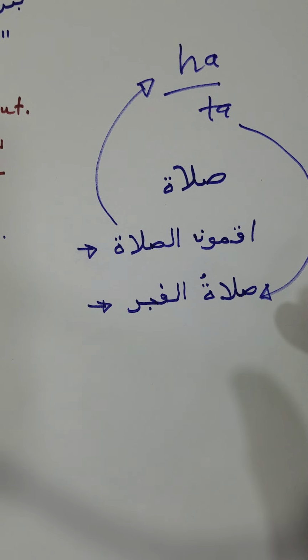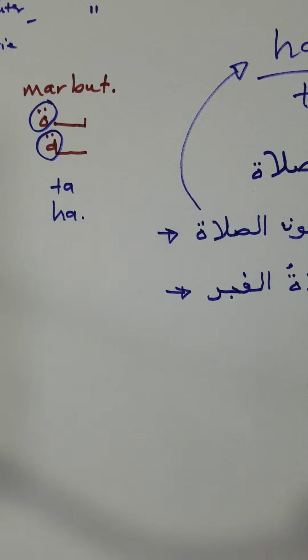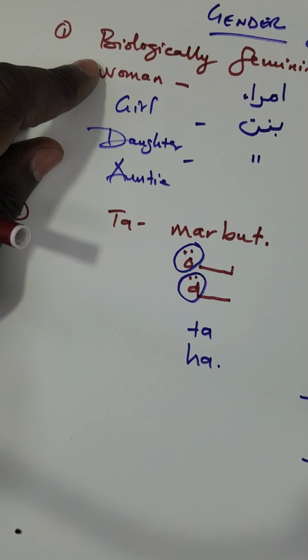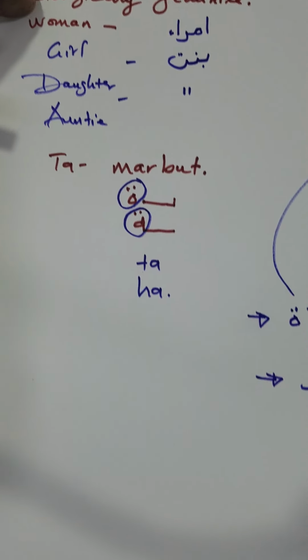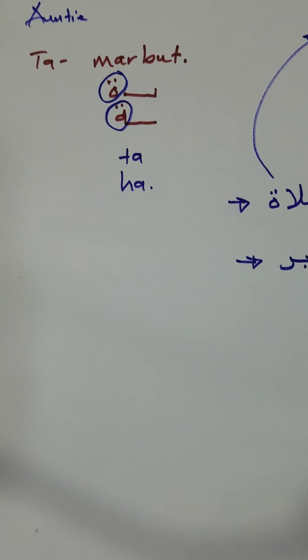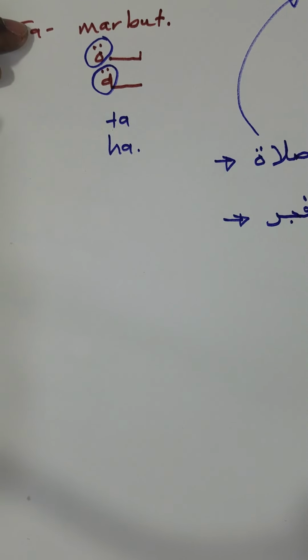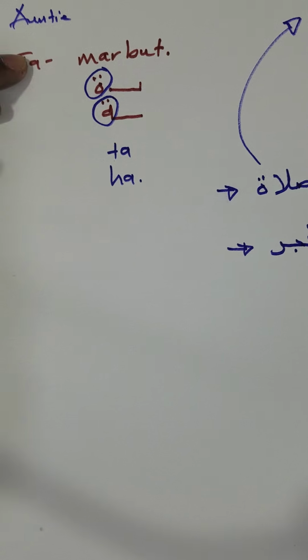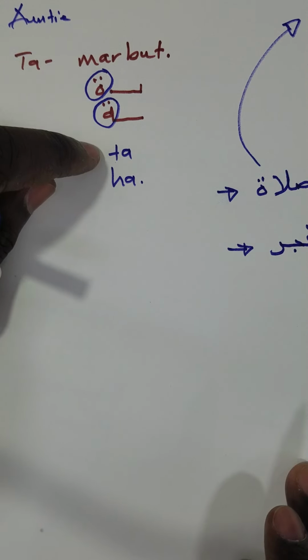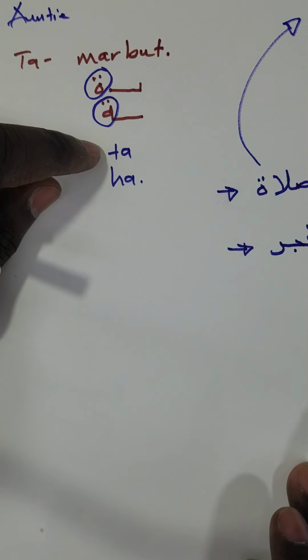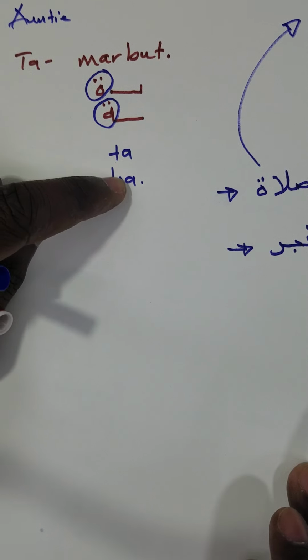Okay, so I don't know if it has sunk into your head, but first of all, we said if the word is biologically feminine. Now, two, if the word or isim ends with a ta marbuta, and I've shown you what a ta marbuta looks like. If it appears at the end of the word, it will sound as ha.